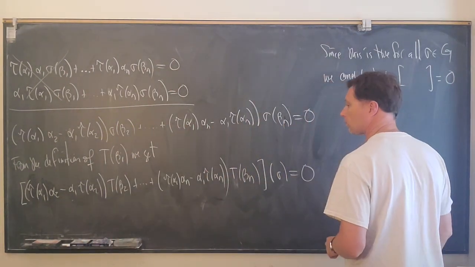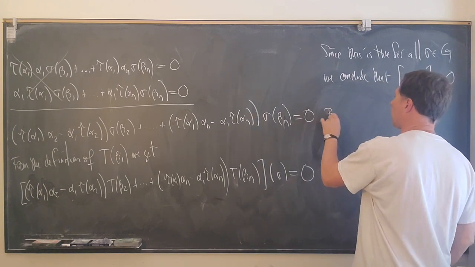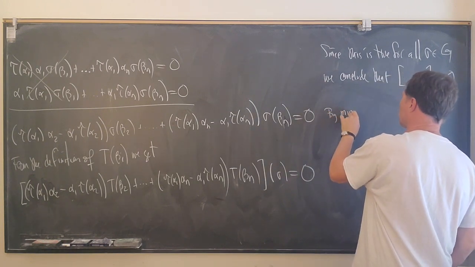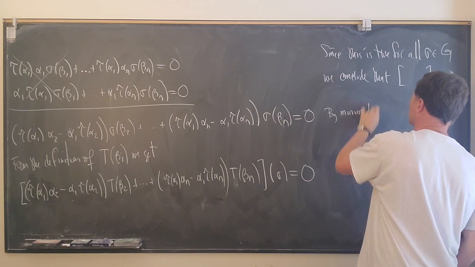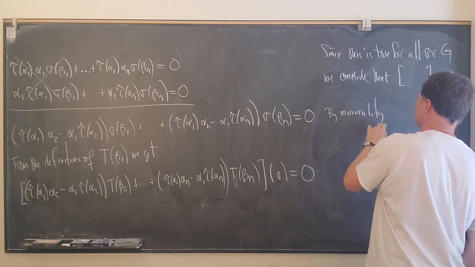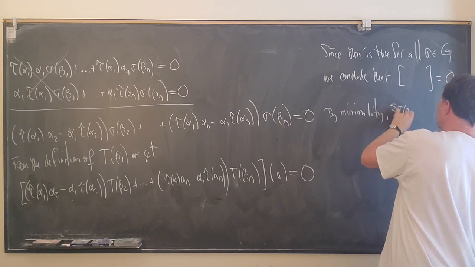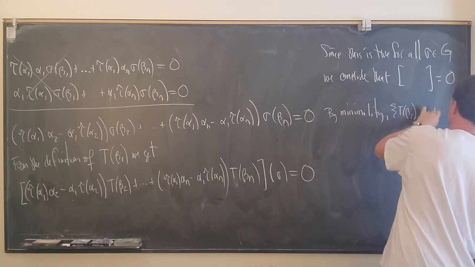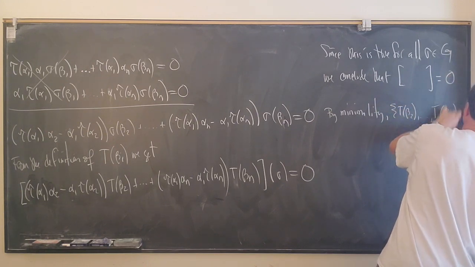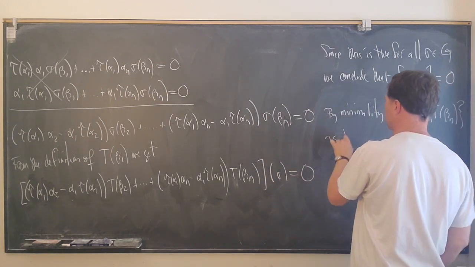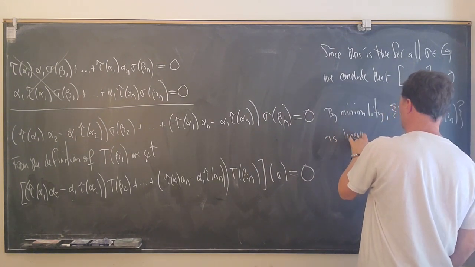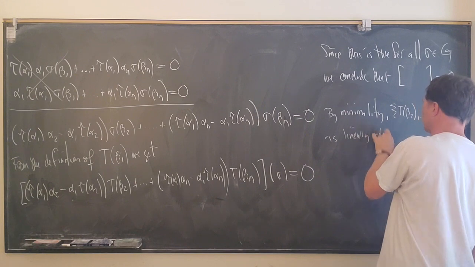So, by minimality, the collection t beta 2 up through t beta n is linearly independent.